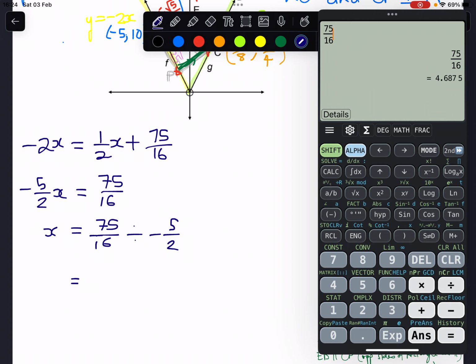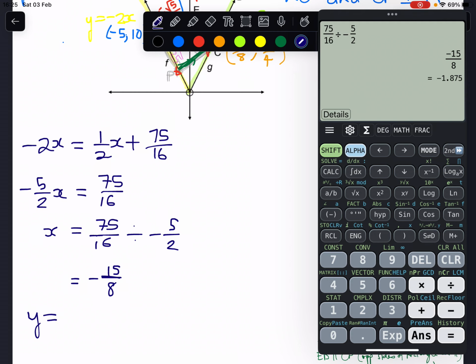Right, divided by negative 5 over 2. So that gives us negative 15 over 8. Right. And then, do we need the y-coordinate? I don't think we do, but for the sake of completion, let's do it.